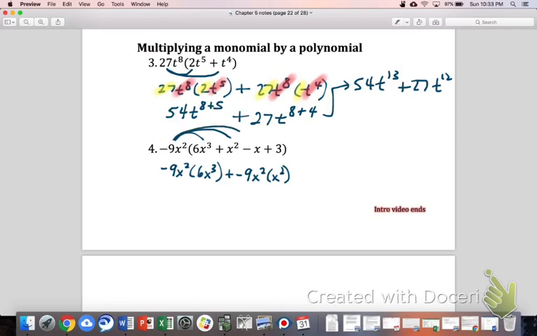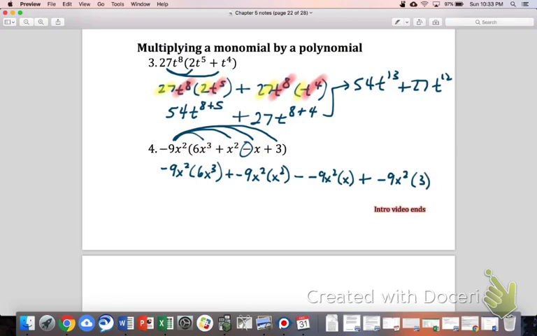The third part of the distributive property would be minus, that's this minus right here, and then negative 9x squared times x. So we can see here in the end that's going to be plus a positive. And then my last distributive property is here. So this is going to be plus negative 9x squared times 3.